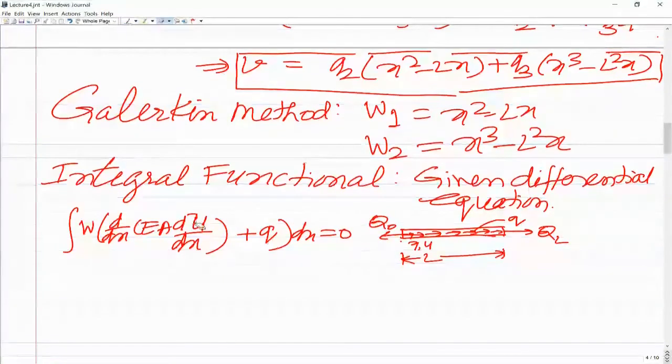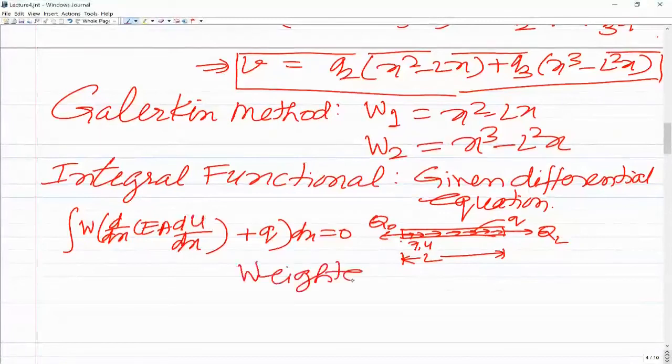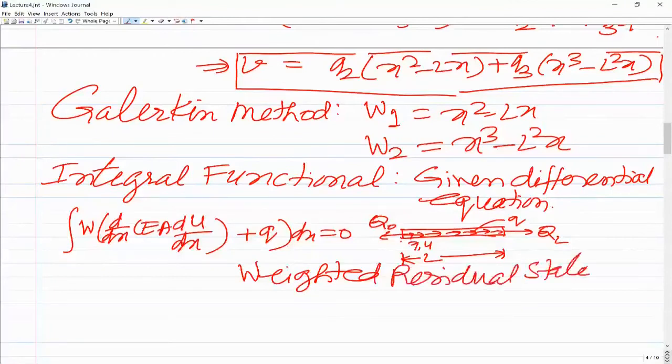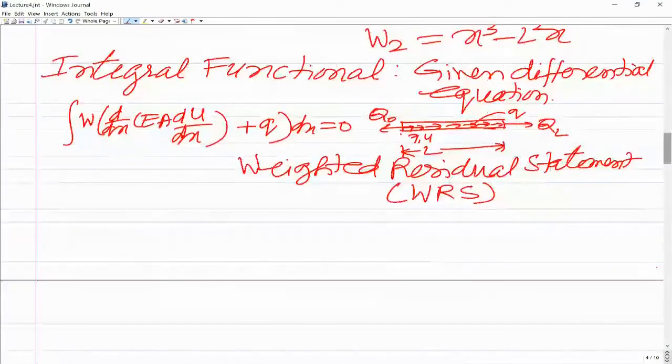So here what you have is the first derivative of u. Now this is the weighted residual statement, which we sometimes write in abbreviated form as WRS. And we have also derived its weak form, so I am directly writing it.